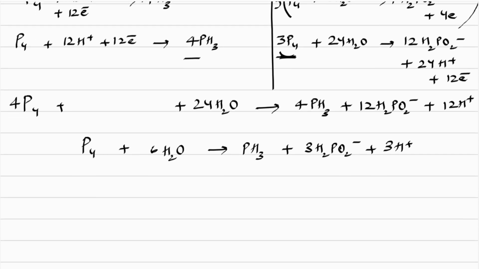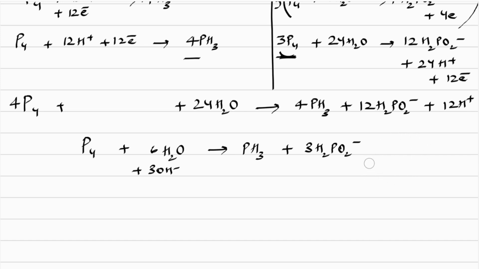Okay, now we had to balance the reaction in basic medium. So in basic medium there is no H plus ion, so we will add 3 OH minus ions on both sides. Now these 3 H plus and 3 OH minus become 3 water.